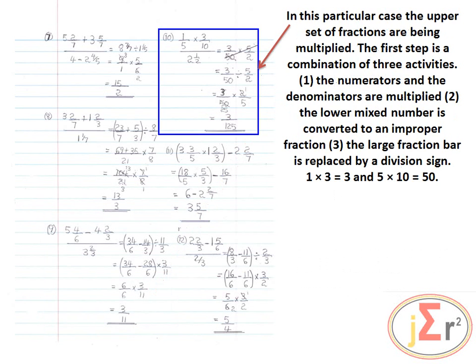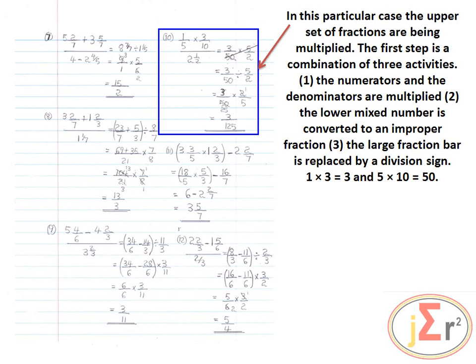In this particular case, well, this is a breath of fresh air. We have a little bit of deviation from what we are accustomed to. In this case, the upper set of fractions are being multiplied. The first step is a combination of 3 activities.